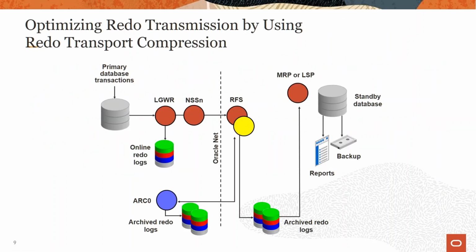Here we have another way to optimize redo transmission, especially in case of a network outage. Suppose that we had a network outage for 30 minutes. So the standby database is behind.